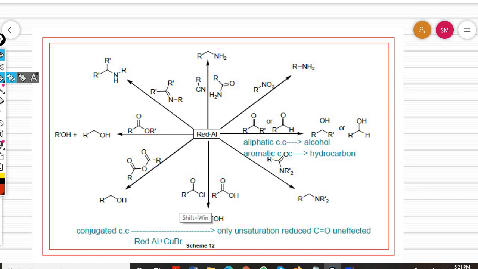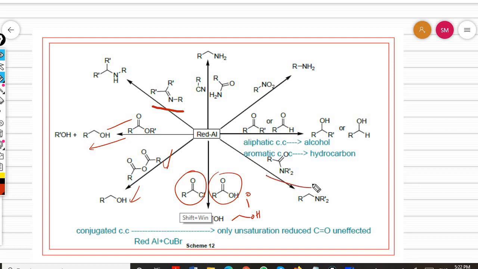If it is an imine, it converts into the amine. If it is an ester, it is converted into the alcohol. If it is an anhydride, it also converts into the alcohol. If it is an acid halide or acid, it converts into the primary alcohol.